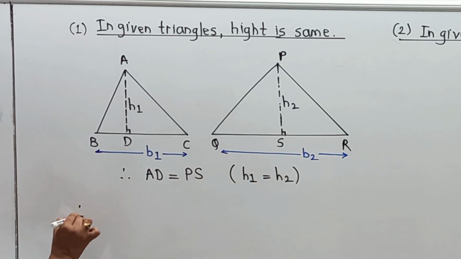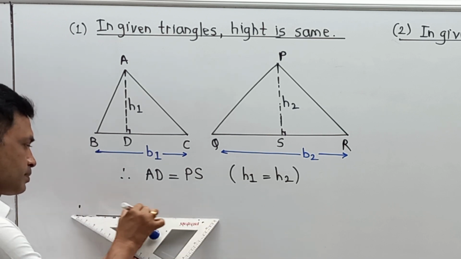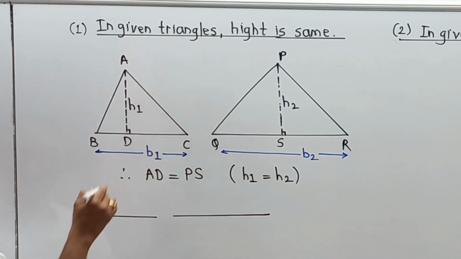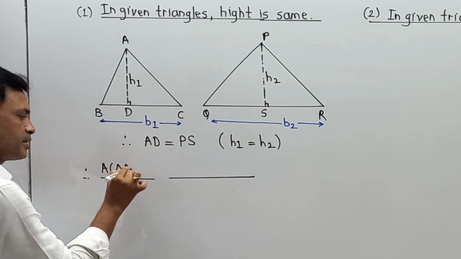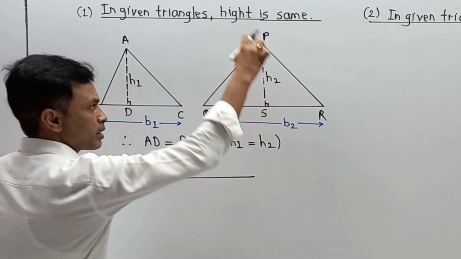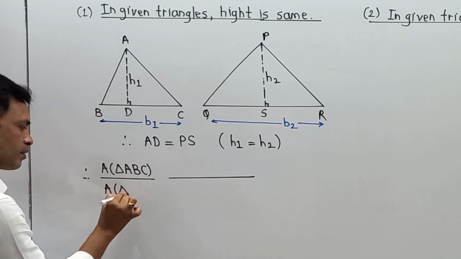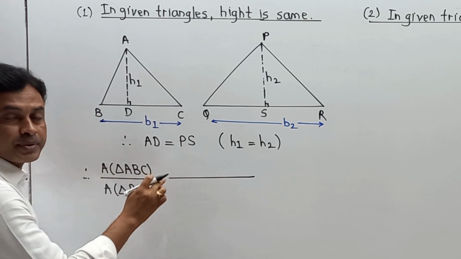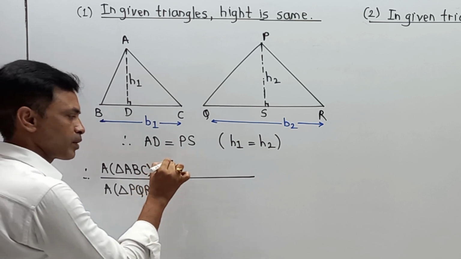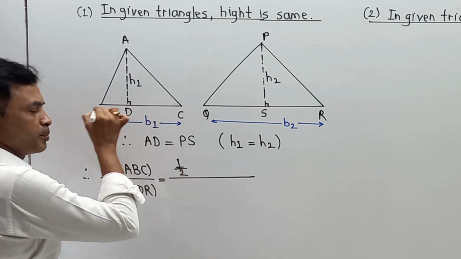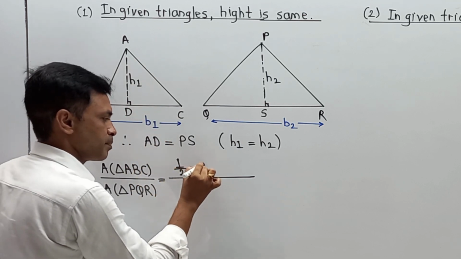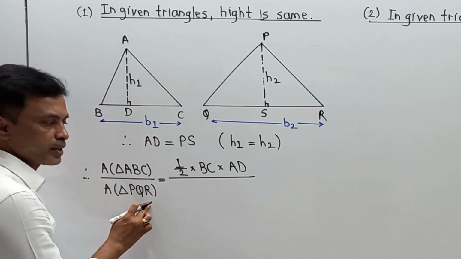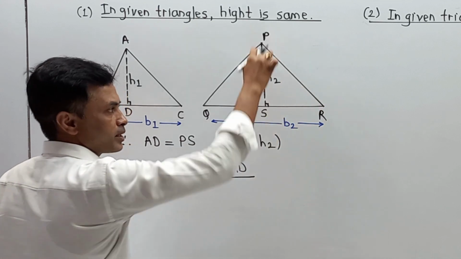So the part becomes, therefore, area of triangle ABC upon area of triangle PQR is equal to, first, area of triangle ABC, as per our previous formula, we always write it as half into base BC into height AD, divided by area of triangle PQR, that is nothing but half into base QR into height PS.